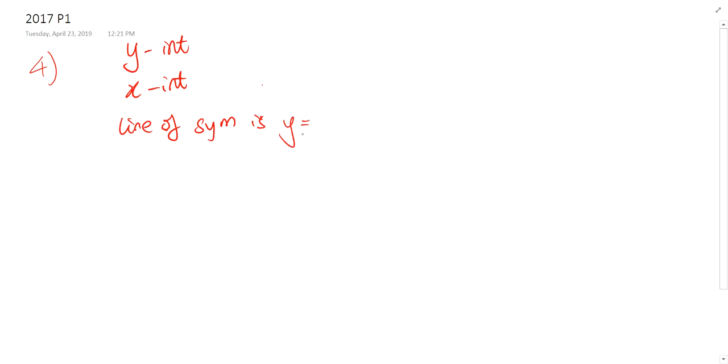They are the y-intercept, the x-intercept, the line of symmetry, which is x equals to something, and either the maximum or minimum point. With all this information, you will be able to sketch the graph.